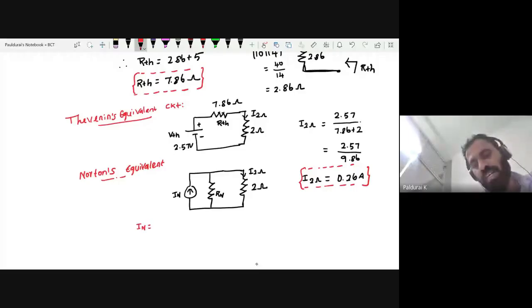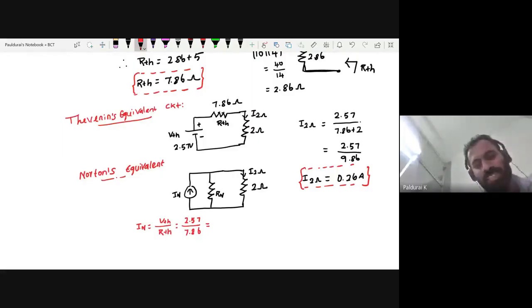In equal to, what is the value? I equal to V by R. So here VTH divided by RTH. VTH 2.57, RTH 7.86. What is this value? Anyone? 0.326, sir. This is the shortcut method.